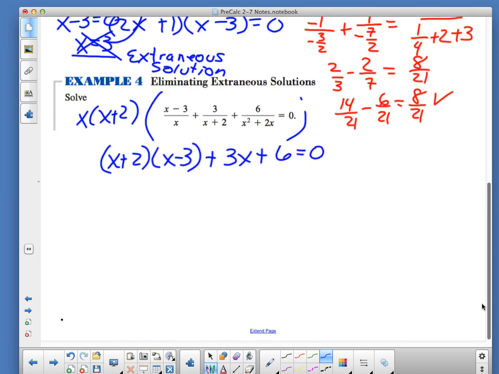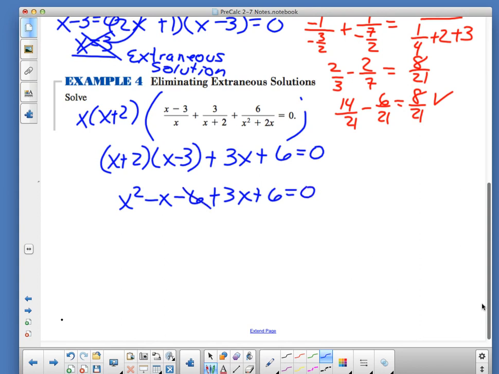Now I combine like terms after I do my FOIL. I've got x squared plus 2x minus 3x minus x. So I'm just going to say I got minus x as I'm going. And I've got -6 plus 3x plus 6 equals 0.